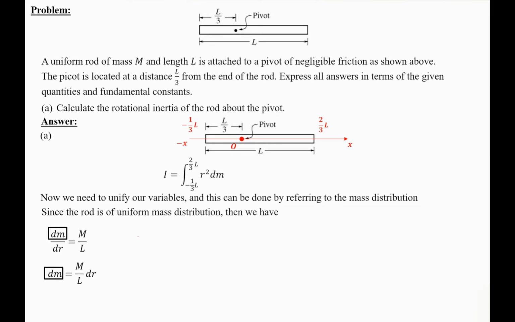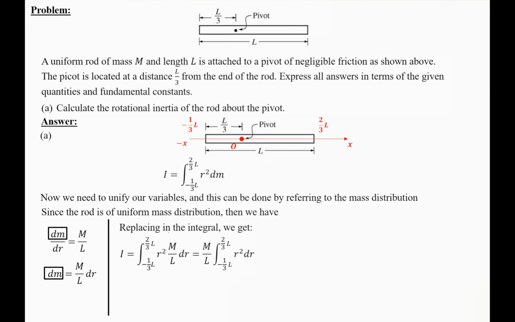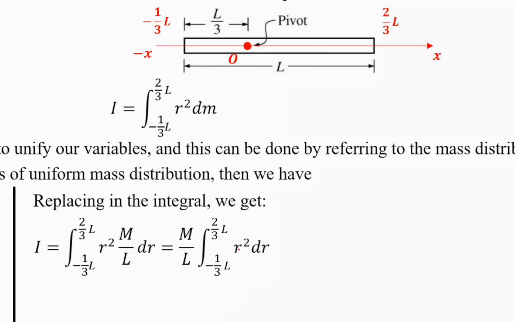Then dm is given by capital M over capital L multiplied by dr, and now we can replace it in the integral. Now M over L is a constant and can be dragged out, and we're left with the following unified integral in one variable.